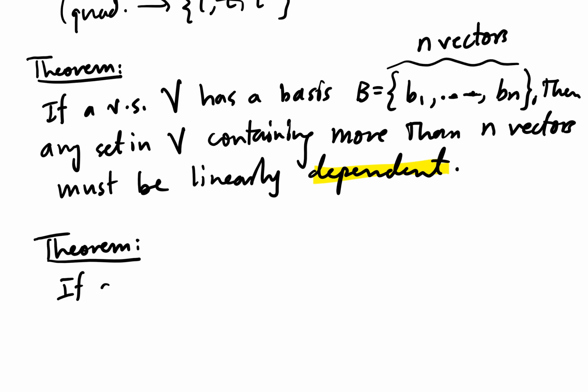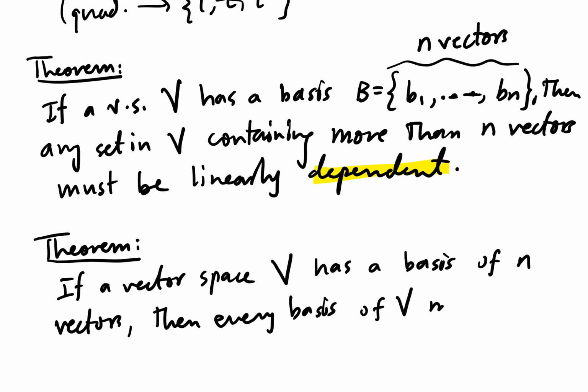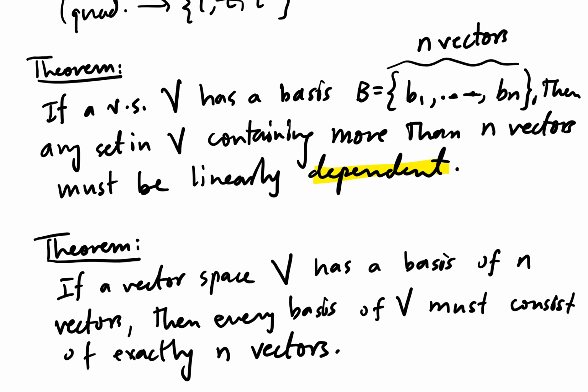If a vector space V has a basis of n vectors, then every basis of V must consist of exactly n vectors, right?